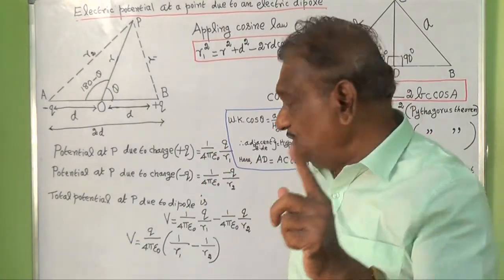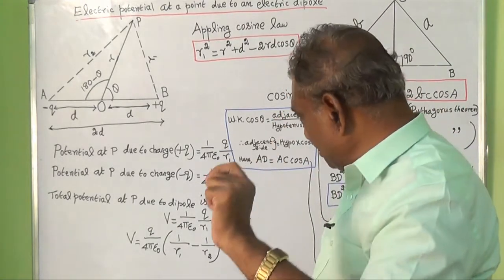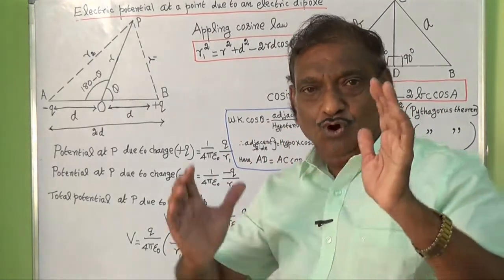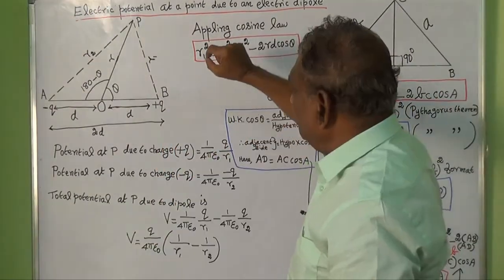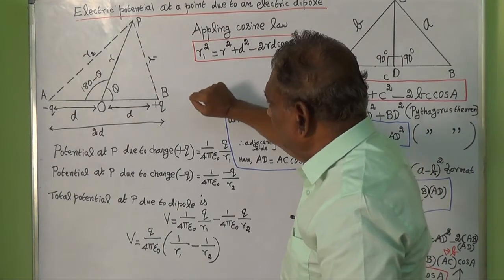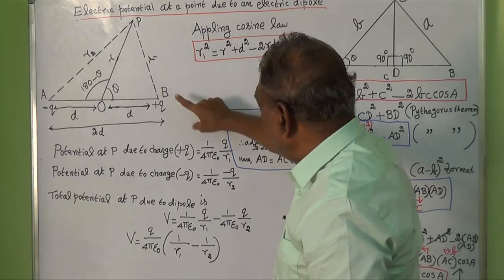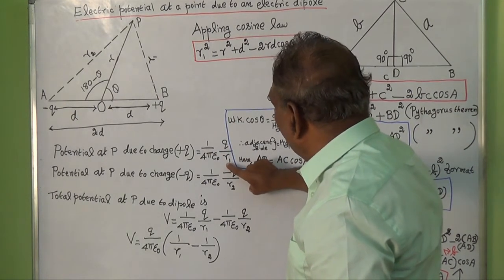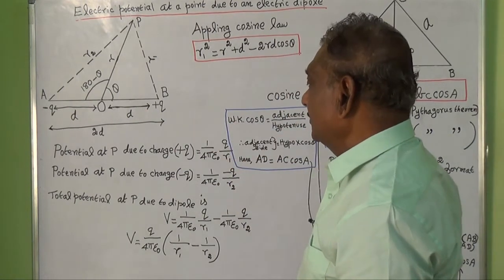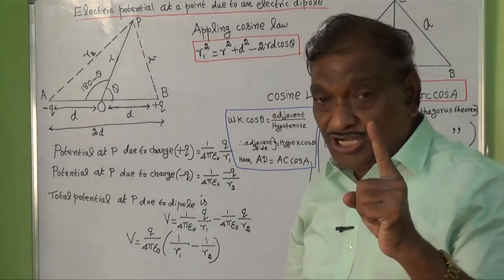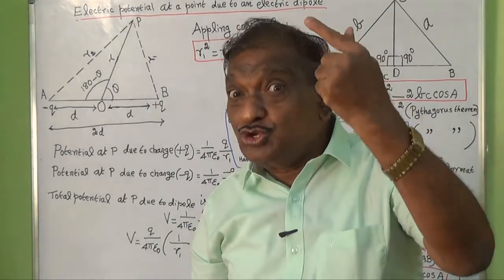The electric potential at a point due to a point charge is 1 by 4 pi epsilon naught Q by R. The distance between plus Q charge and the point P is given as R1, so we have written R1 in the denominator. So this is the potential at the point due to the plus Q charge.